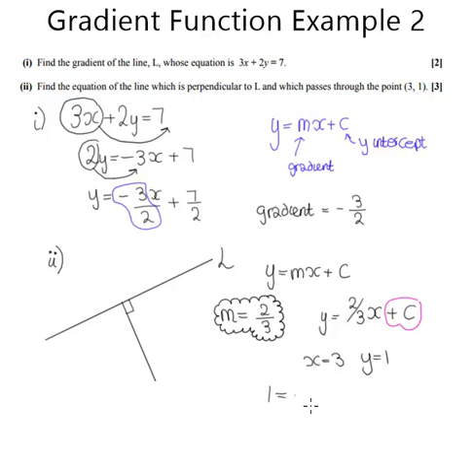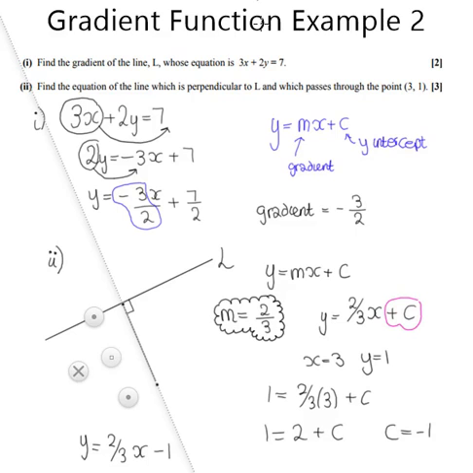We're going to have 1 equals to 2/3 times 3 plus c, which gives me 1 is equal to, sorry, not plus, 2 plus c, giving us an answer of c is equal to minus 1. So my final answer will be y is equal to 2/3 x minus 1. And that's my answer. Perfect.